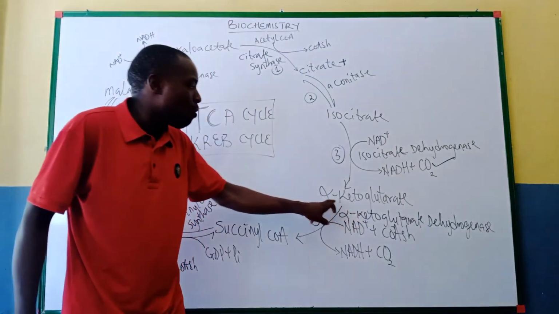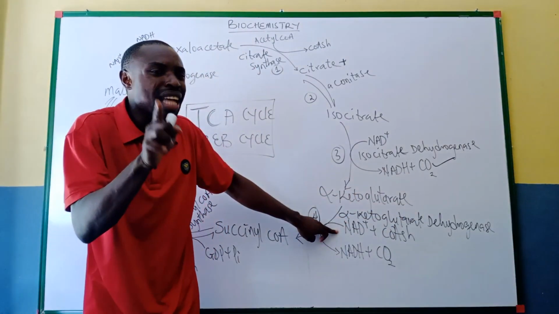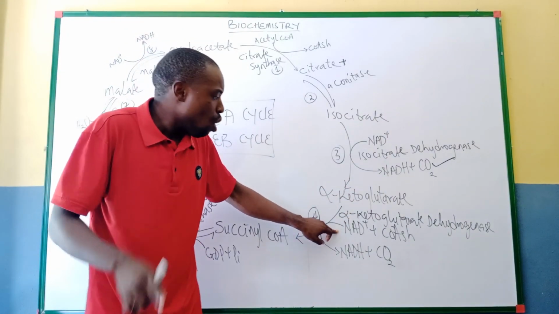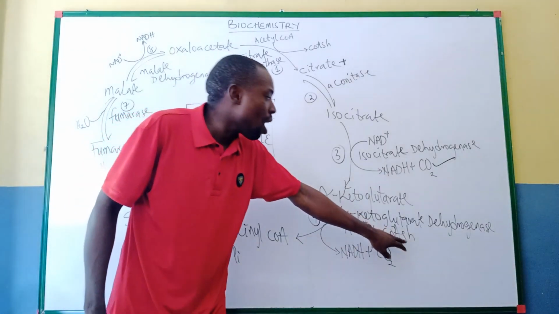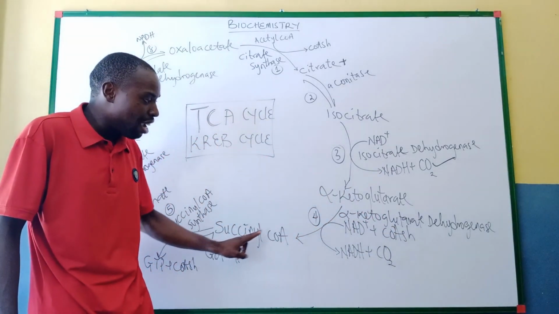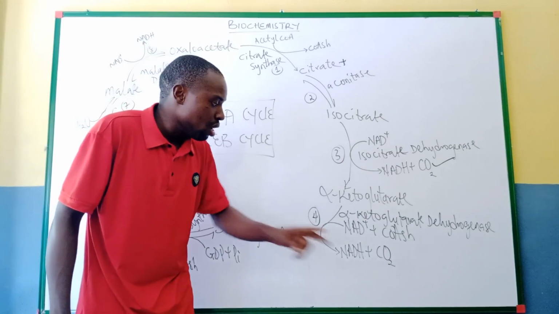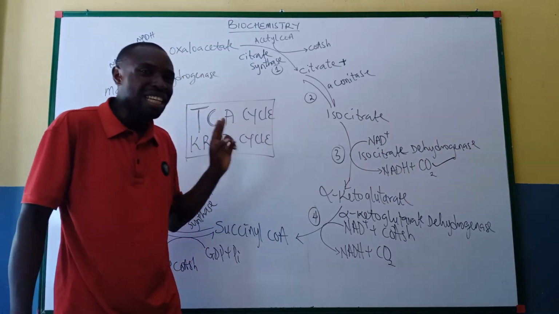Alpha-ketoglutarate will then react again with the oxidized form of nicotinamide adenine dinucleotide plus CoA to form succinyl-CoA. Again, the second CO2 is released.